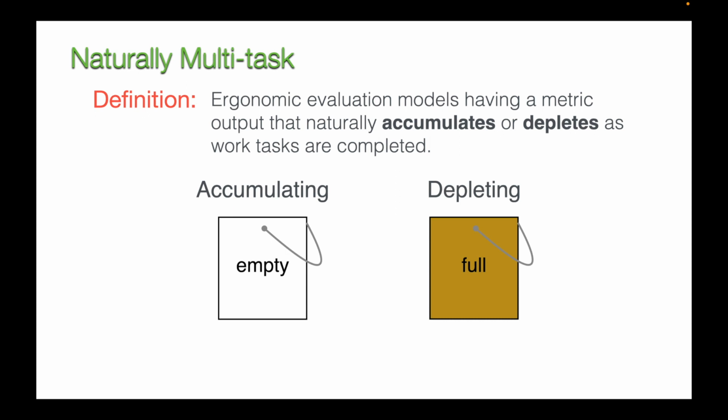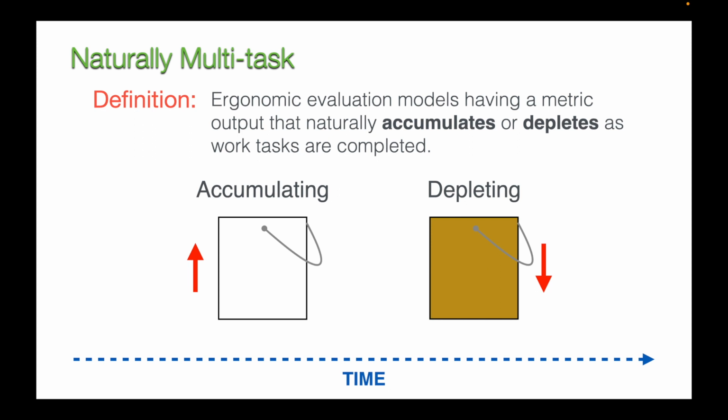Naturally multitask, I want to define as models having a metric output that naturally accumulates or depletes as work tasks are completed. So you can have an accumulating or depleting metric output, and over time the accumulating bucket is going to fill up and the depleting bucket is going to empty.